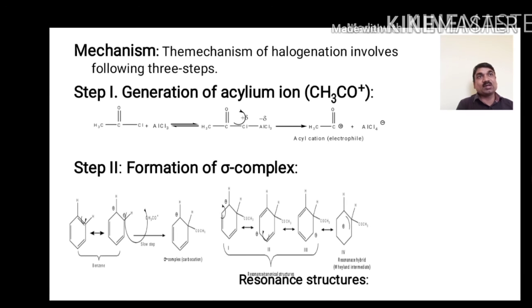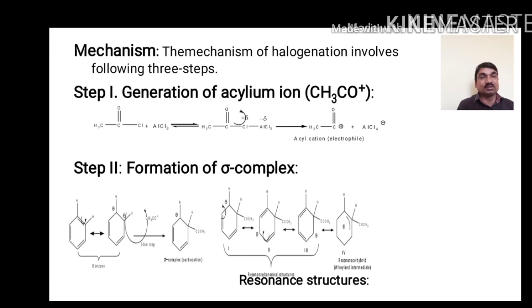Once the sigma complex carbocation is formed, it gets stabilized by resonance, and the resonance hybrid of the sigma complex is called Wheland intermediate. Thus the carbocation exists in the following resonating forms: structure first, structure second, structure third, and the fourth structure is the resonance hybrid, called the Wheland intermediate.